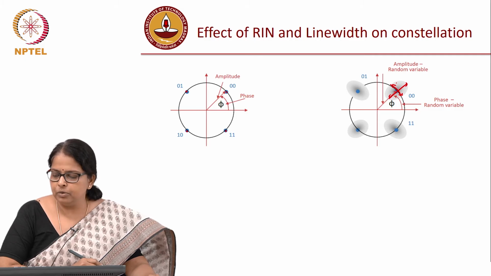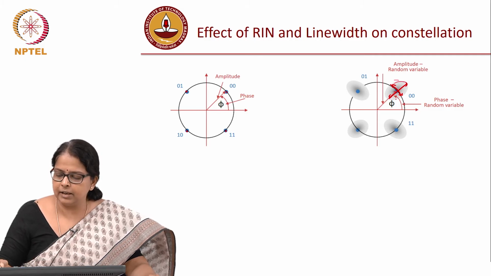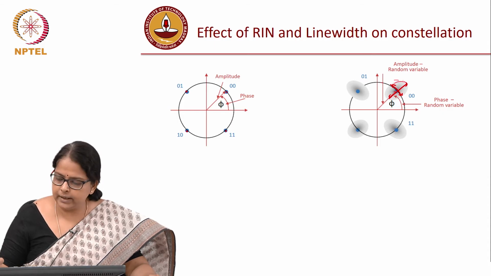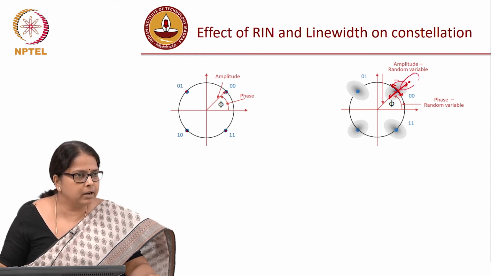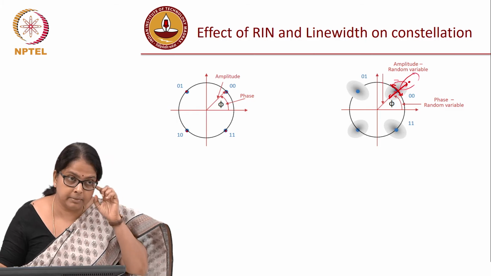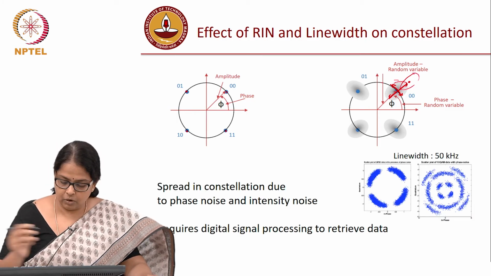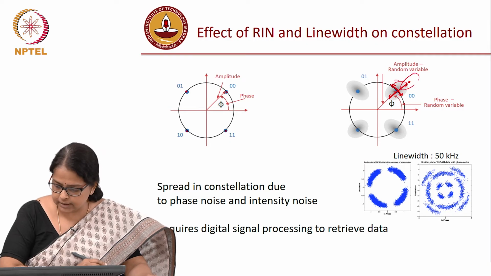So, this is how you get your constellation. If this constellation spreads to the neighboring quadrant in case of QPSK, you cannot recover your symbol. If you are doing 16 QAM, let us say you had another symbol here and that also has this kind of uncertainty, again your bit is lost. So, this is the spread in the constellation due to intensity and phase noise.